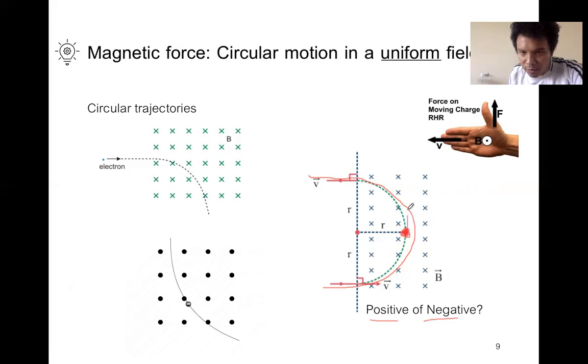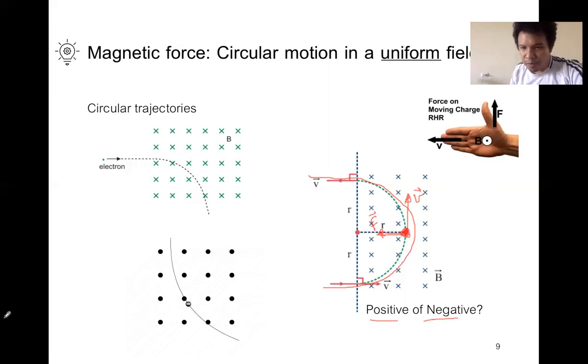If it moves in this direction, and I have the vector v for the velocity, I know that the force F is acting toward the center. Then I'll try to check with QV cross B.